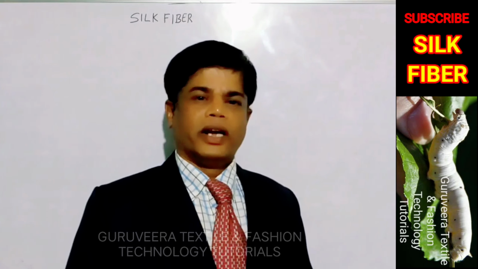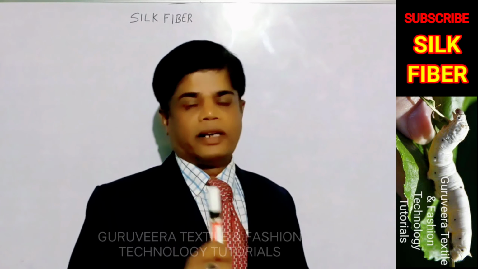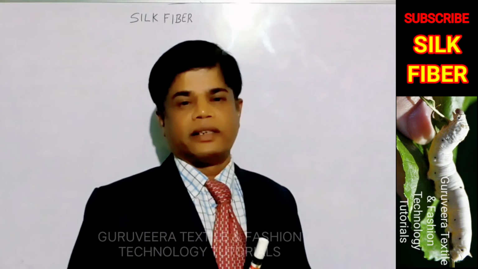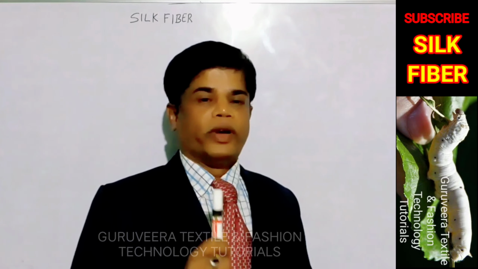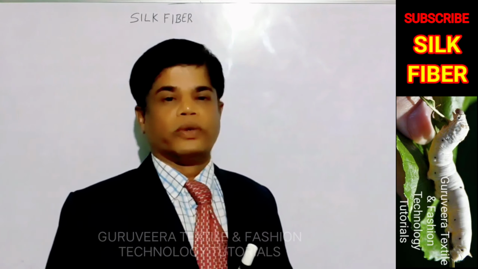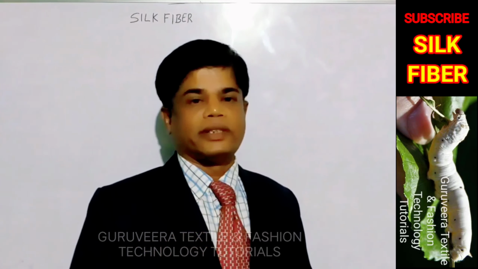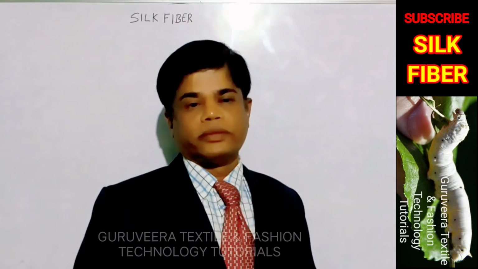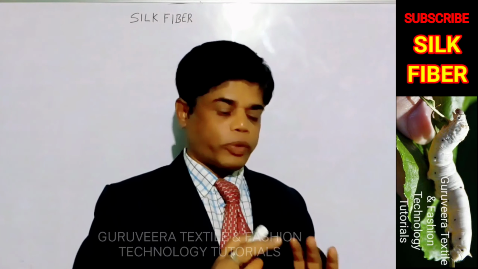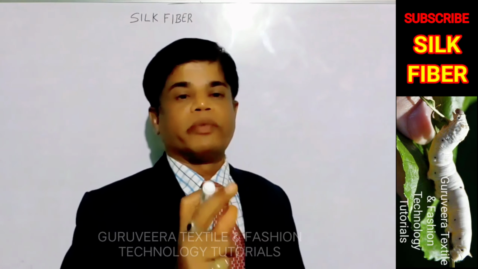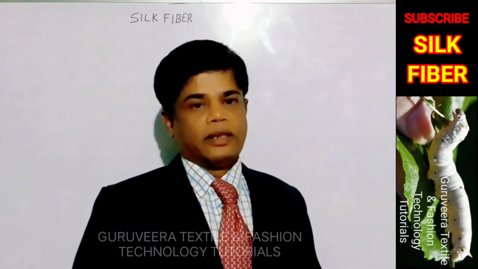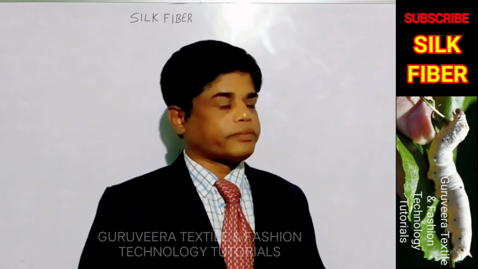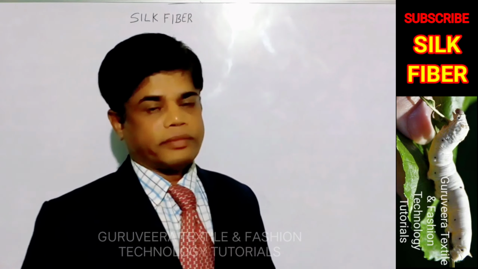The process involved in cultivated silk, that is sericulture, is also much easier than wild silk, because in wild silk the production of the cocoon, the natural process, is very tough, and the formation of the cocoon is not of good quality.